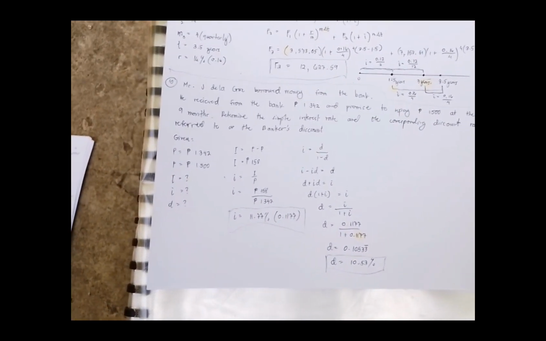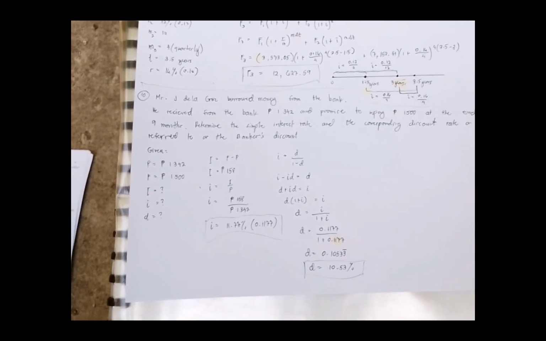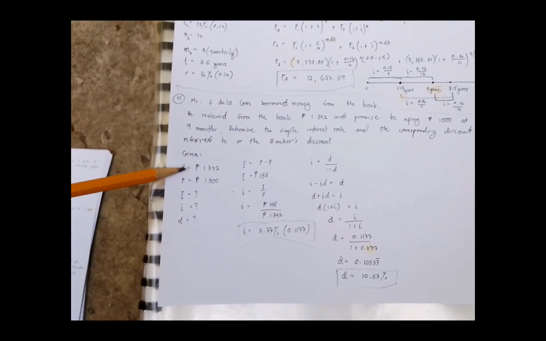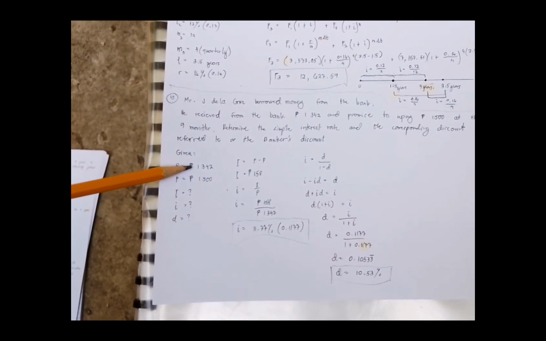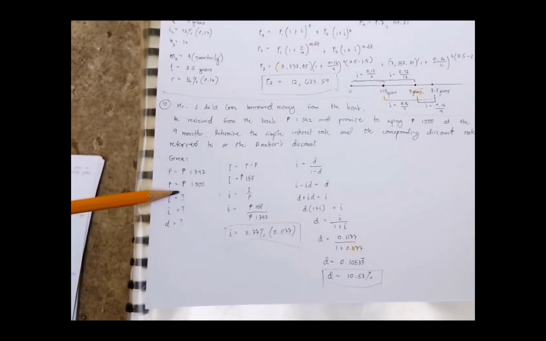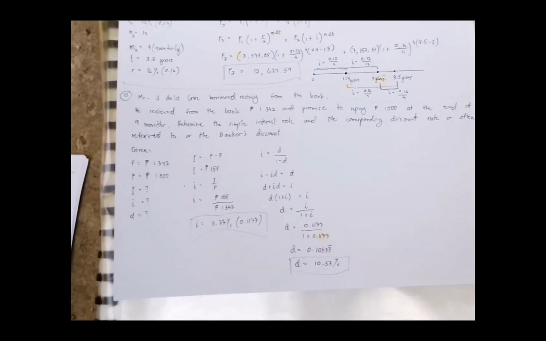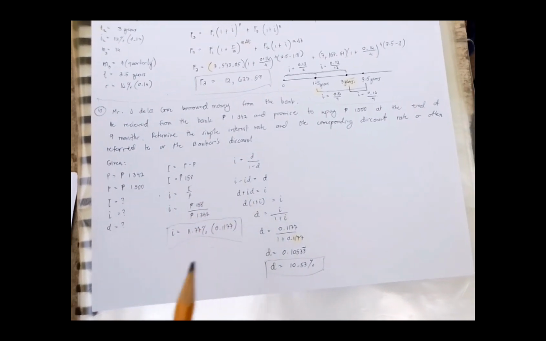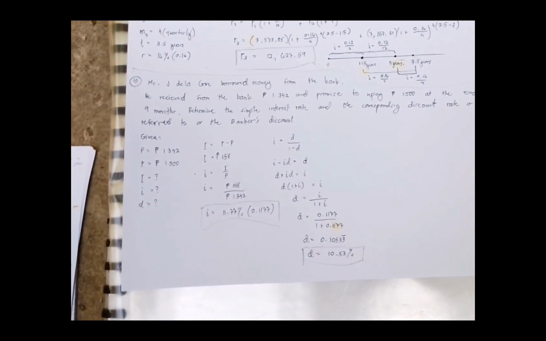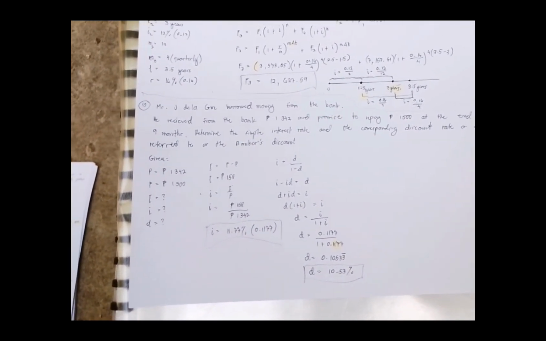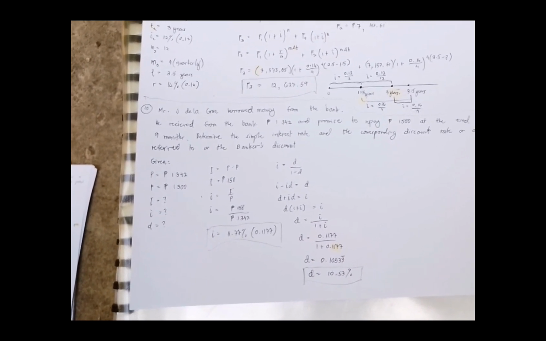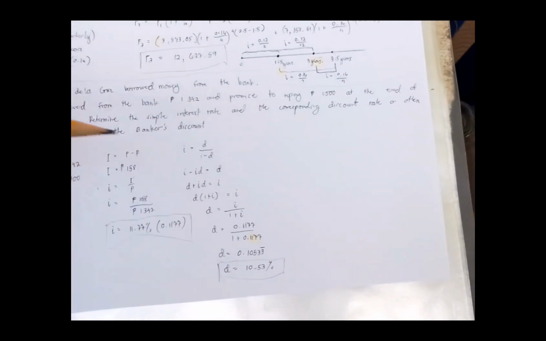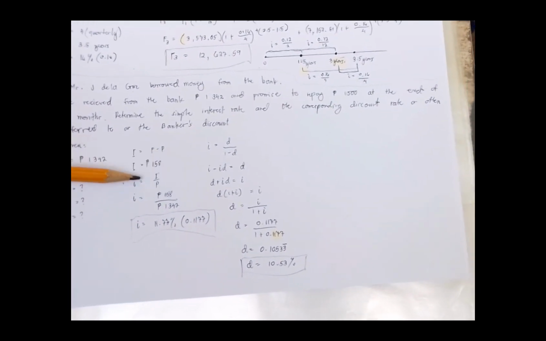Now, so simply we have future value. Our present value, which is 1,342. Future value is 1,500. Now we have a formula that F minus P is equal to interest, or we have formula F is equal to P plus I, so that will be equal to 158 for our interest.